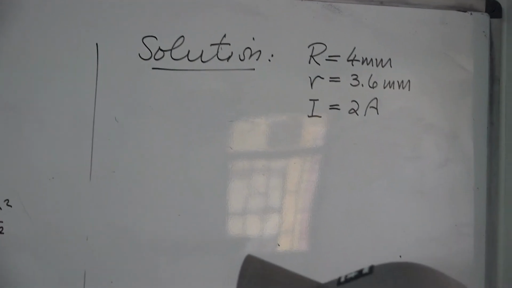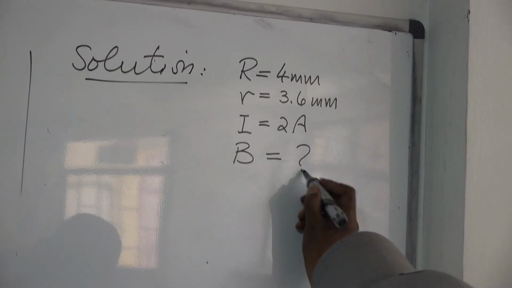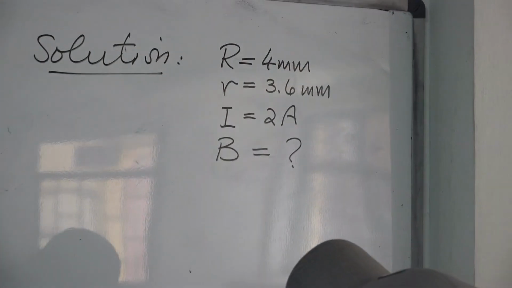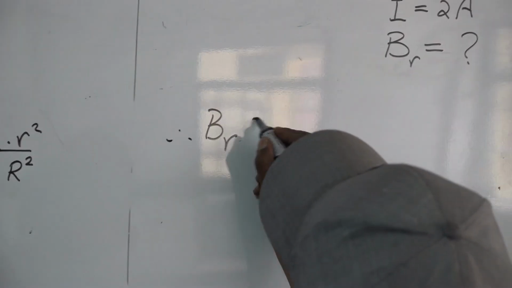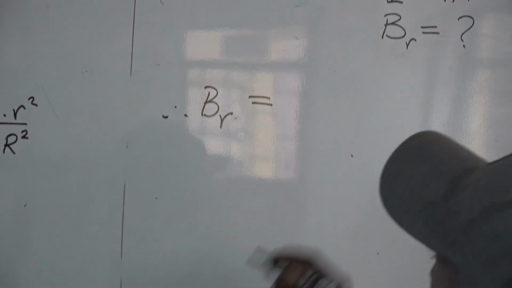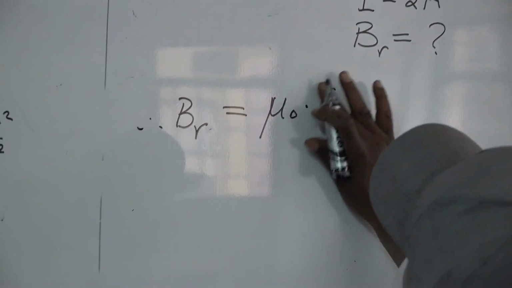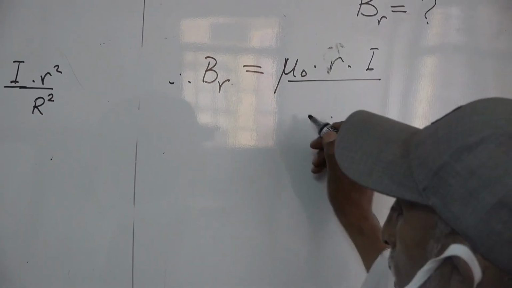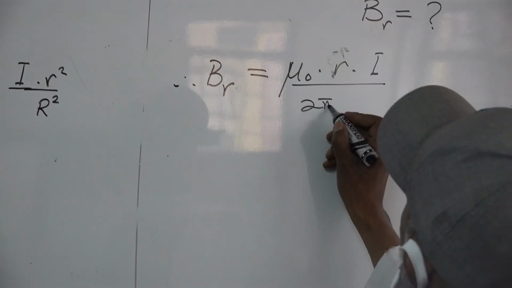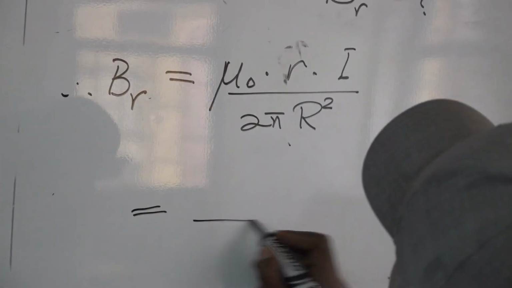So the question is, how much is the magnetic field strength at this distance, B_r? So therefore we say B_r equals, according to this formula, mu 0 r times I divided by 2 pi R squared. Now we substitute simply the values.